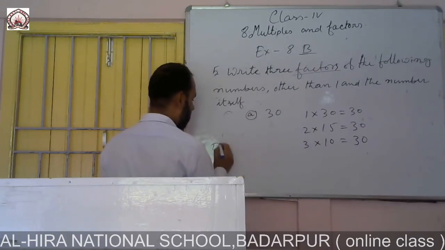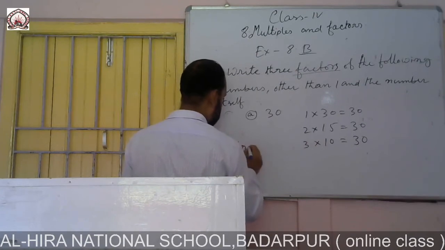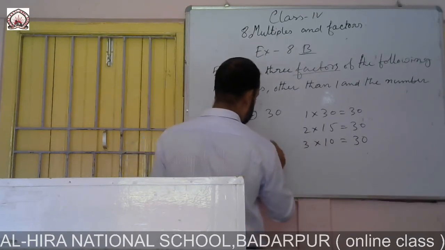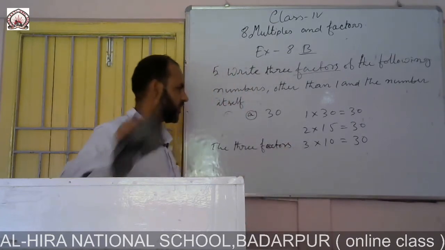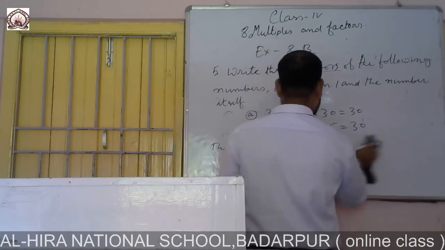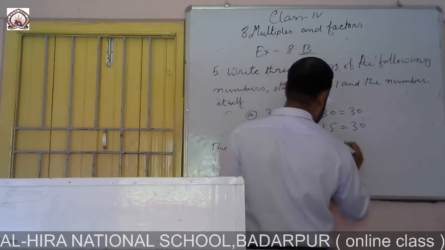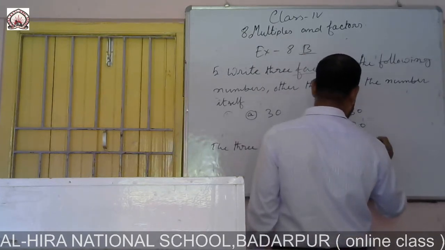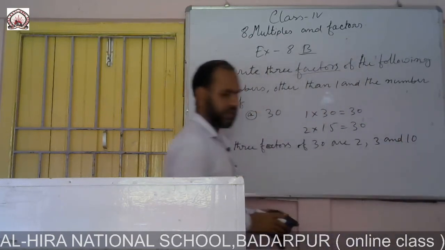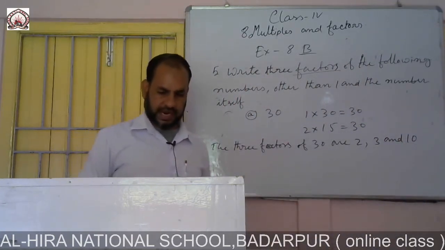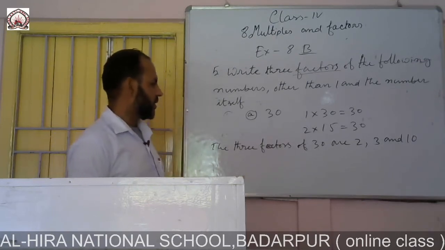Therefore the 3 factors of 30 are 2, 3 and 10, or we can write 5 also.